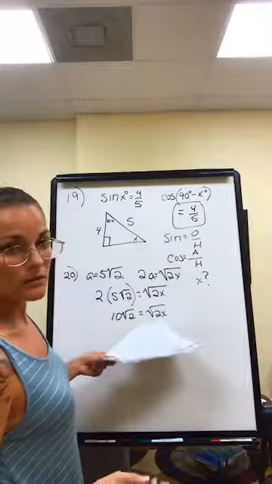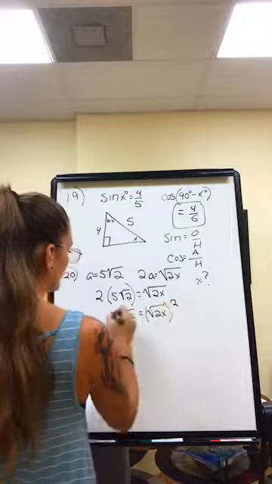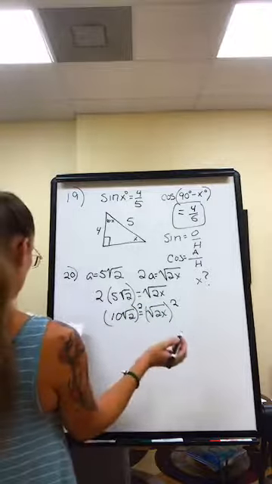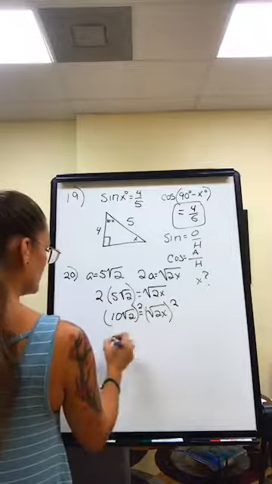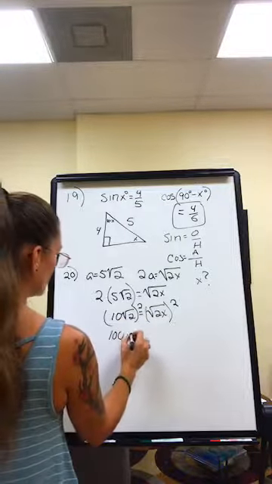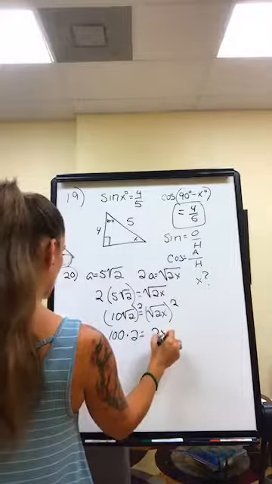To get rid of that radical, you have to do the opposite, so we're going to square both sides. We end up with 100, squaring the 10, and squaring that radical 2 gives 2, so 100 times 2 equals 2x.